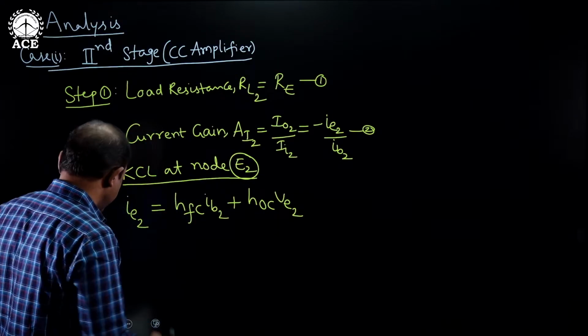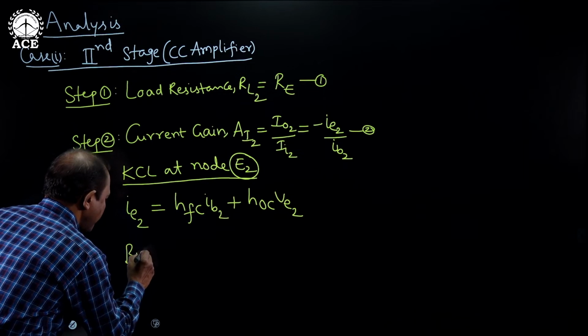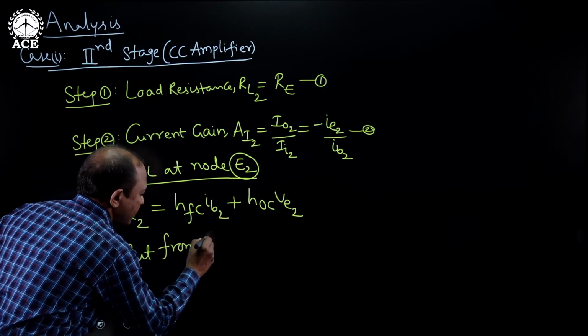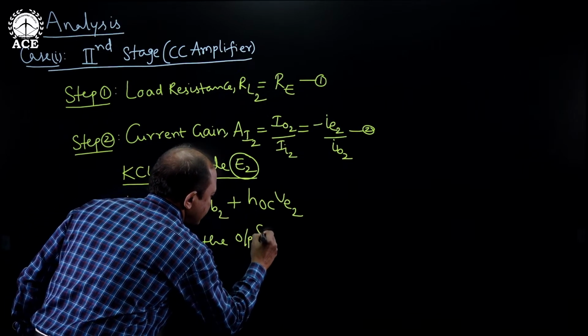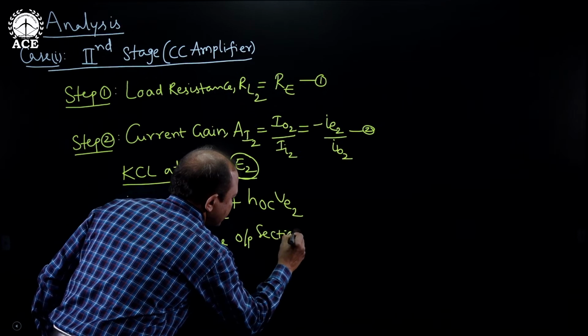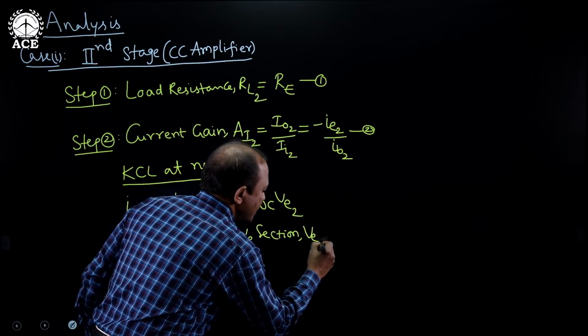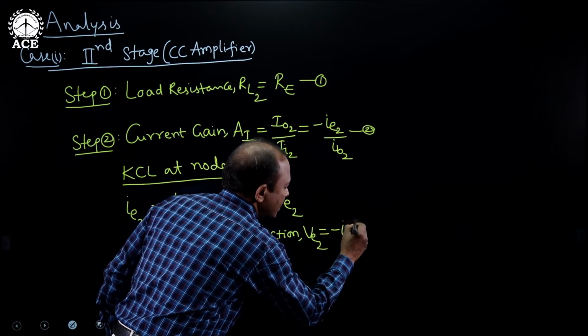I will use that relation here. From the output section of the circuit, VE2 equal to minus IE2 RL2, or RE.